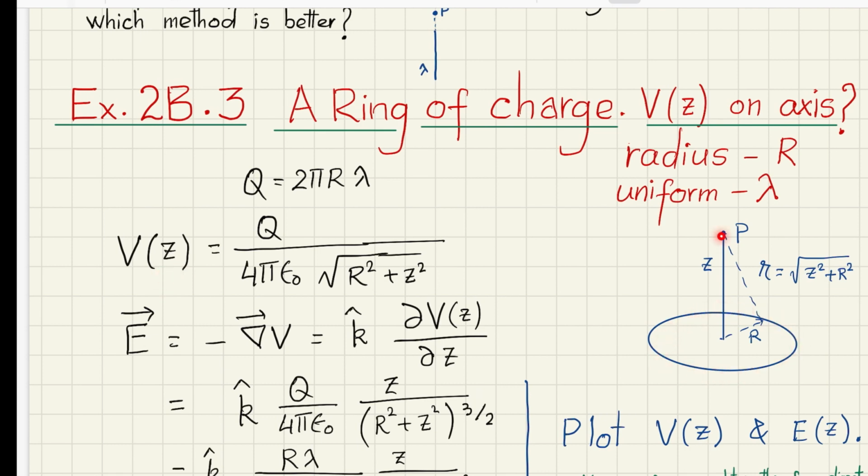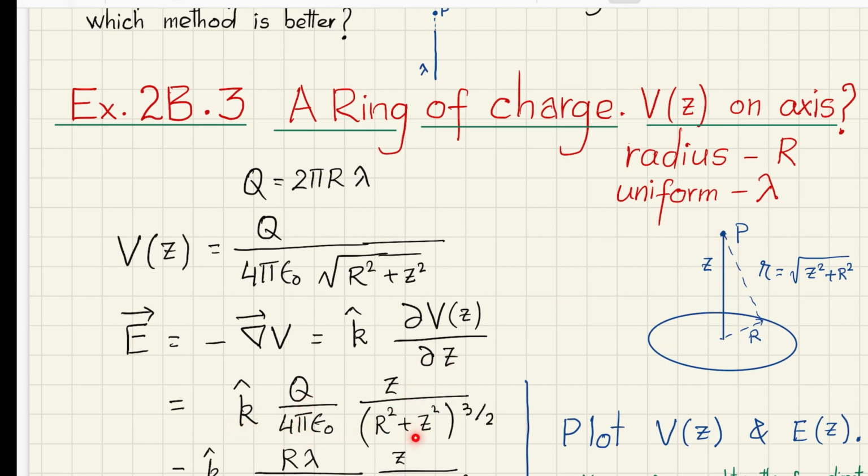So V of z at point P is the total charge Q divided by 4 pi epsilon naught, and the distance square root of R squared plus z squared. All the charges are at the same distance, and hence we can just directly write it down, where Q is of course 2 pi R lambda, the full Q. Then I can obtain E as minus grad V, and that is simple because there is only dV by dz, and it will be pointing in the k direction.